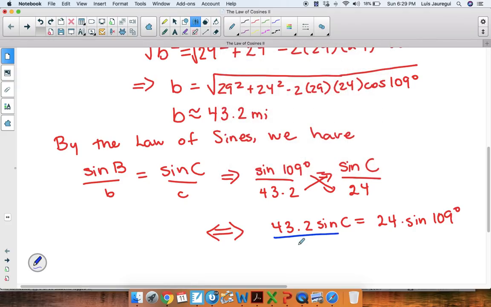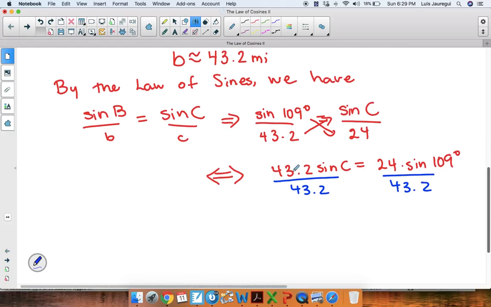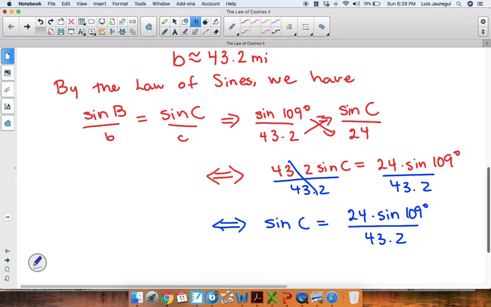So I'm going to divide by 43.2 on both sides of the equation. And you can note then, because 43.2 divided by 43.2 is 1, and 1 times sine of C is sine of C, we get that sine of C is the same as 24 times sine of 109 degrees divided by 43.2.